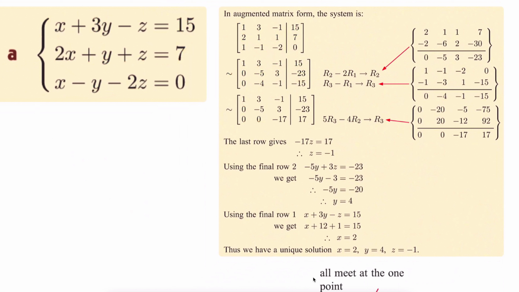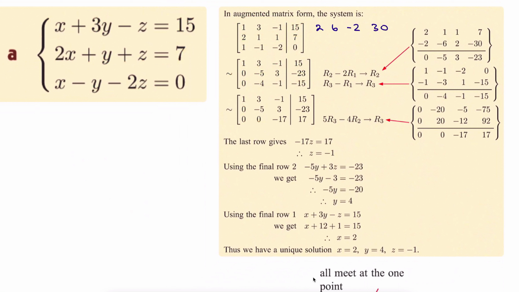Because they're both positive, plus doesn't work, so we would take. If I wanted to get 2 down to 0, I need to take 2 from it. Well, I've got 1 here, so if I double this whole row, I get 2, 6, negative 2, 30. That's just doubling that row.